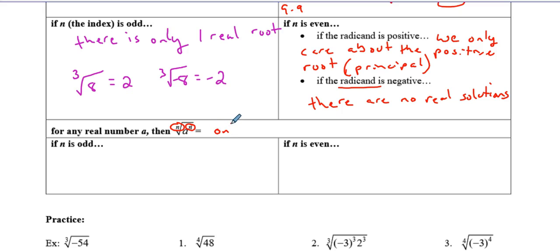But this only applies when the index and the power are the same. All right. So now if the index and the root are odd, then there's nothing really to worry about. The root is always the same sign.